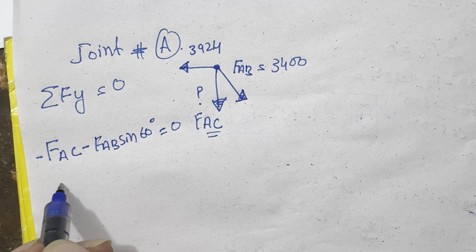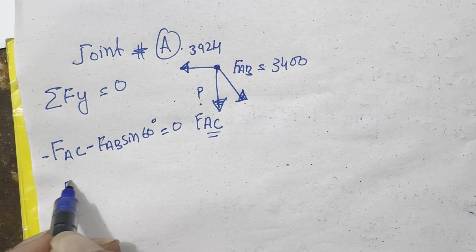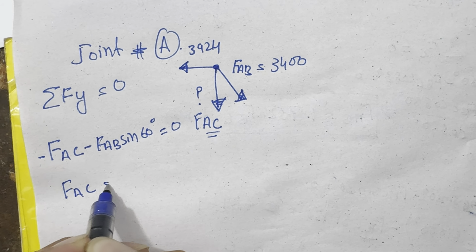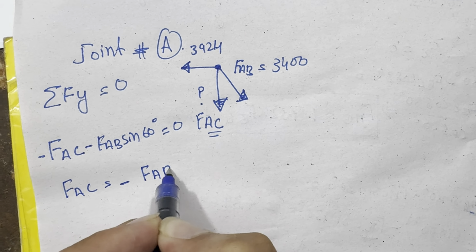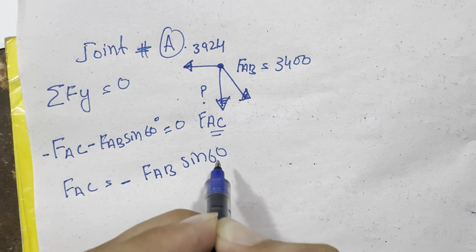So FAC will become equal to negative FAB sine 60.